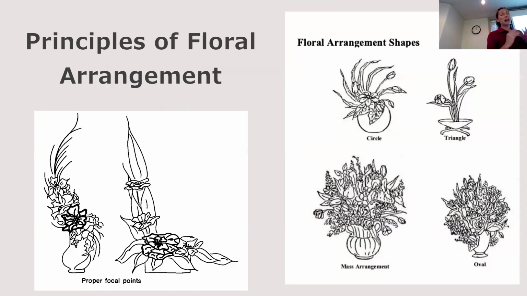If you have been interested in floral design in the past, I'm sure you've checked out some of the books that are available, and you'll see some really weird illustrations: there's line bouquets and mass bouquets, and you can make a C and an S and a triangle and all these kind of weird formations. So basically the mass arrangements, those big ones, are based on the European design. Think of the old school floral paintings where they're just bursting with elements. And then the line designs typically come from Japanese flower arranging style.